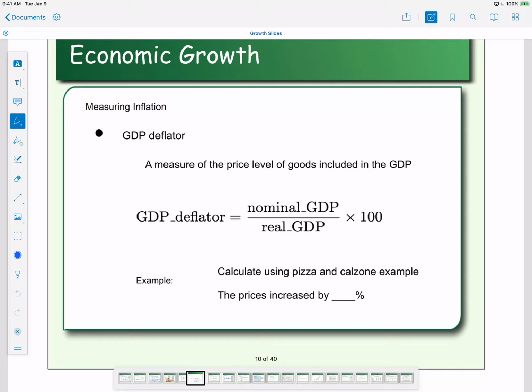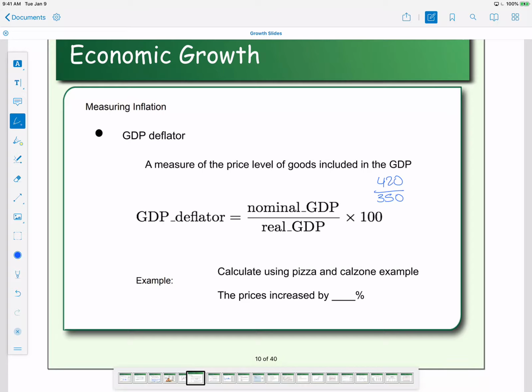So if we're looking at this for our pizza and calzone example, then the nominal GDP that we found was 420. The real GDP was 350.